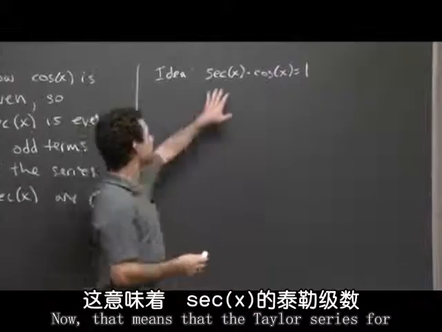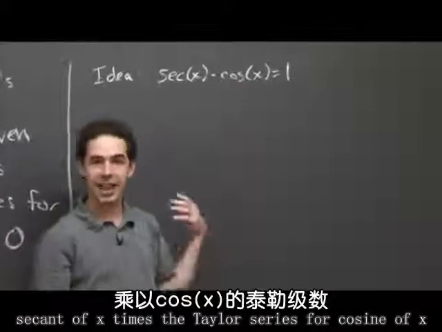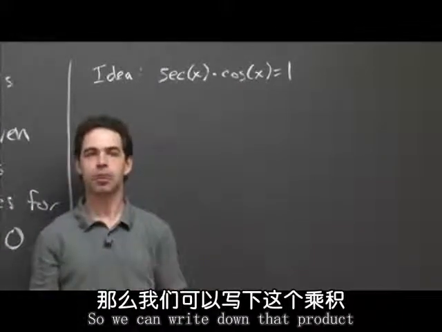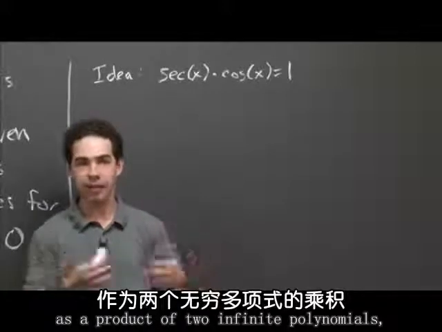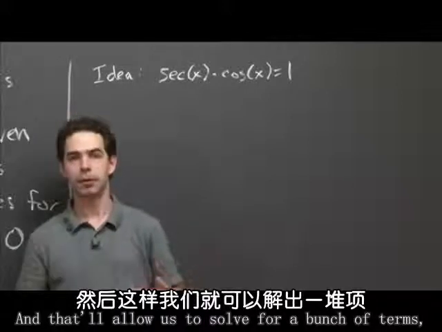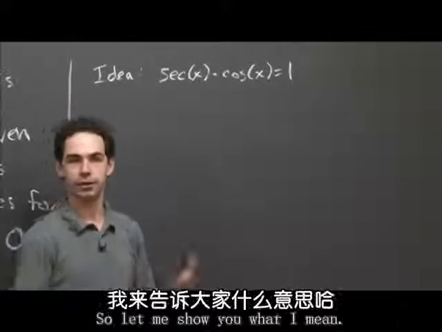Now, that means that the Taylor series for secant of x times the Taylor series for cosine of x has to simplify just to 1. So we can write down that product as a product of two infinite polynomials, and we can start multiplying term by term. And that'll allow us to solve for a bunch of terms just by solving some simple linear equations. So let me show you what I mean.